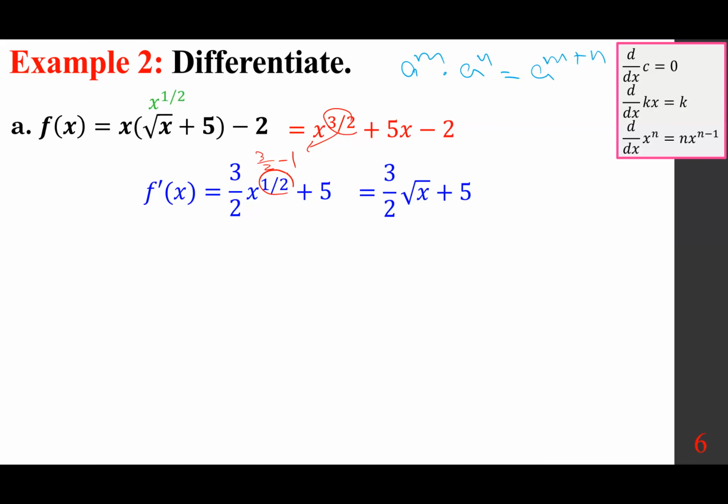Now, to do this, first we're going to do the algebraic step. What would you do first here? What should we do first so we can use the power rule in essence? Anybody?